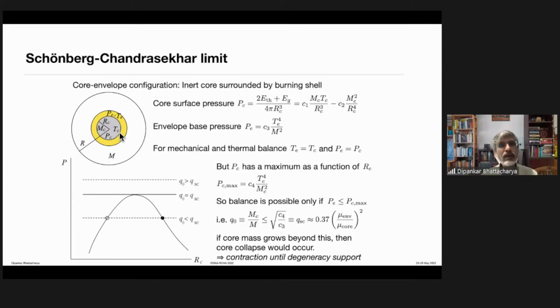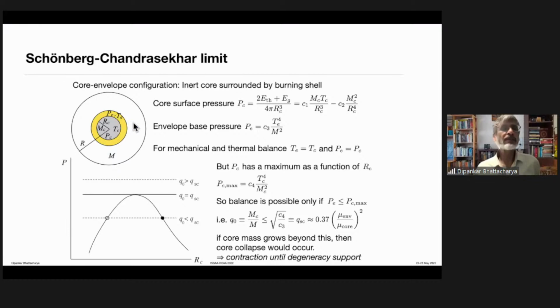So the envelope base temperature Te and the core temperature Tc must be the same for thermal equilibrium, and the envelope base pressure Pe and the core surface pressure Pc must be the same for mechanical equilibrium. Otherwise, there will be expansion or contraction at a rapid pace.